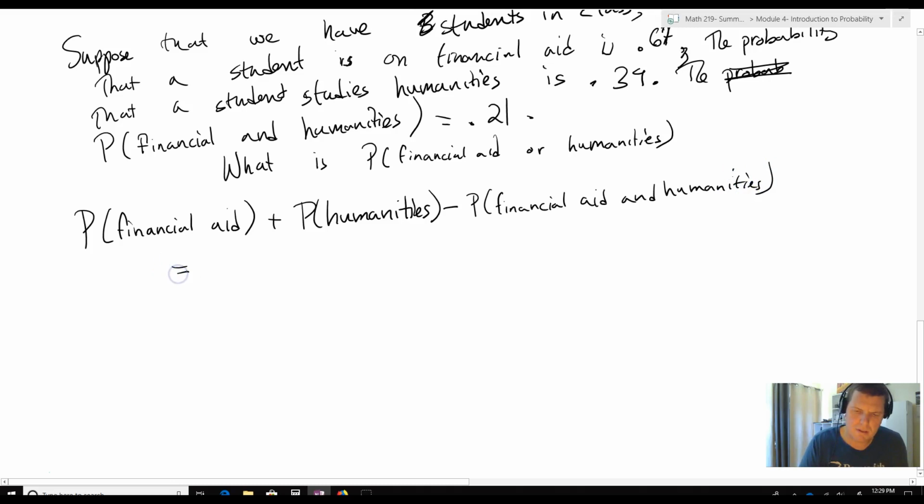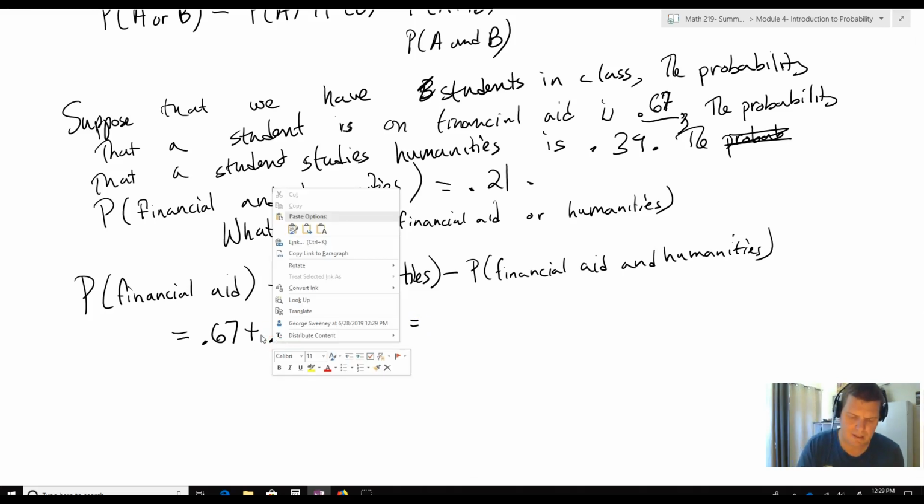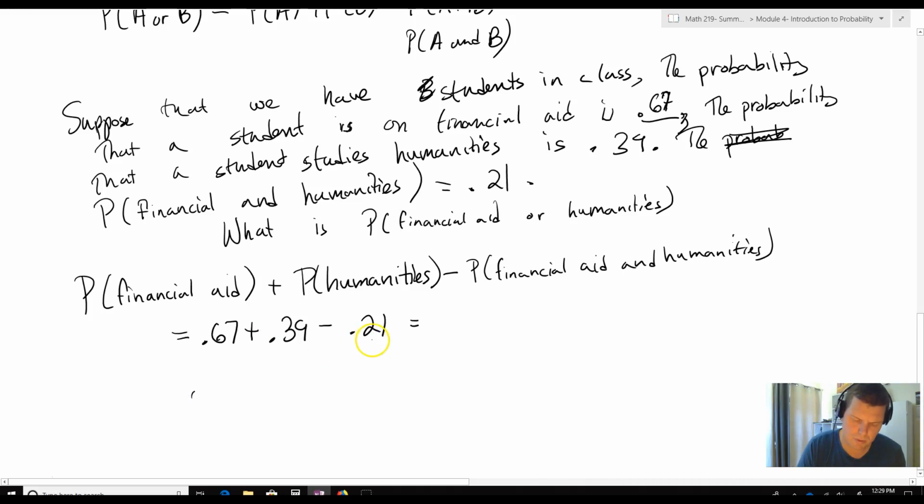And that equals, we just replace our numbers, right? Financial aid, 0.67. Humanities, 0.39. And then minus 0.21. Okay? So 0.67 plus 0.39 minus 0.21 equals 0.85.